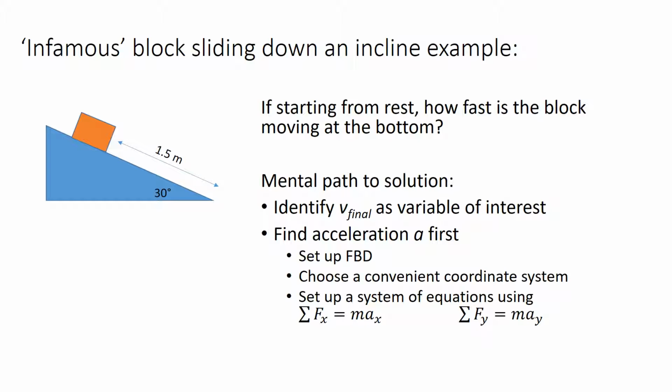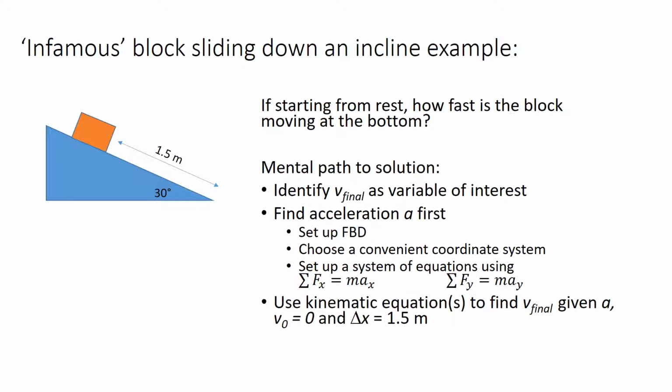We are going to use the forces that we identify to set up a system of equations by summing up all the forces along the x-axis and setting that equal to the mass of the block times the acceleration along the x-axis, and doing a similar thing for all the forces along the y-axis. Once we find the relevant information to solve for the acceleration of the block down the ramp, as I said earlier, it'll turn into a kinematics problem. So that is my mental path to the solution.